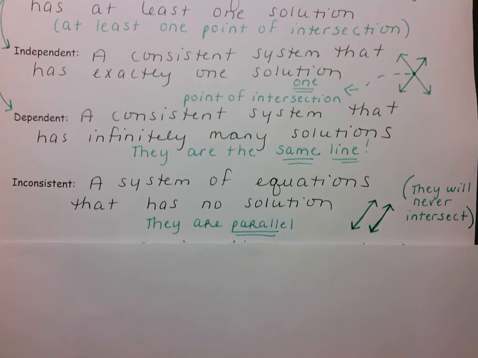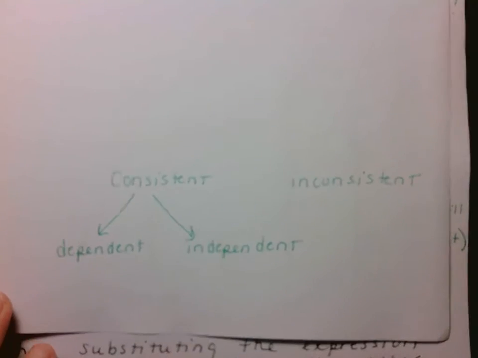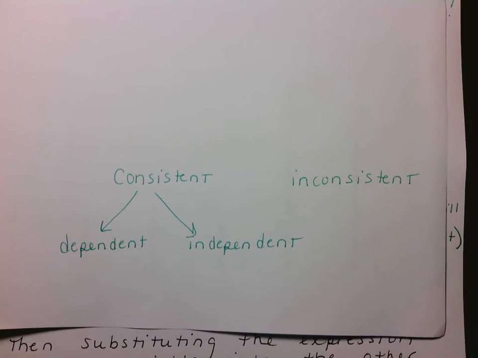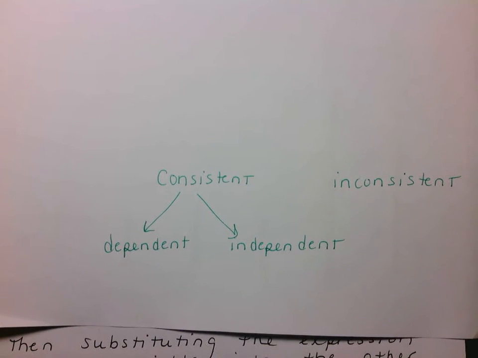So let me just review that for you one more time. A system of linear equations is two or more linear equations that are on the same coordinate grid.